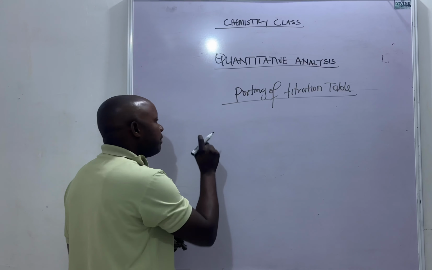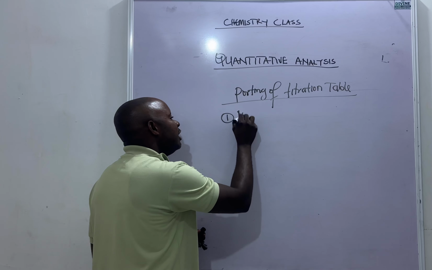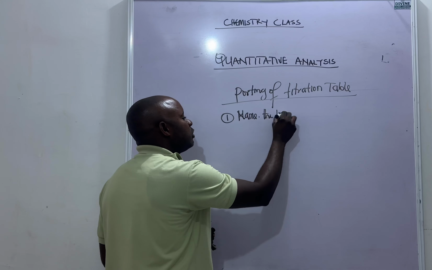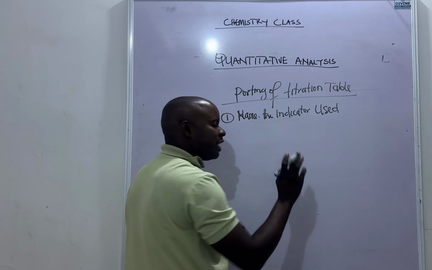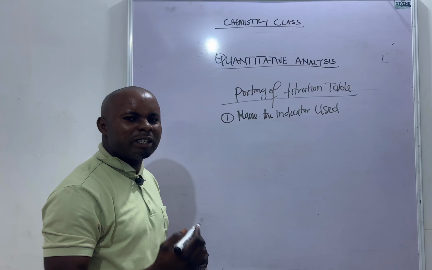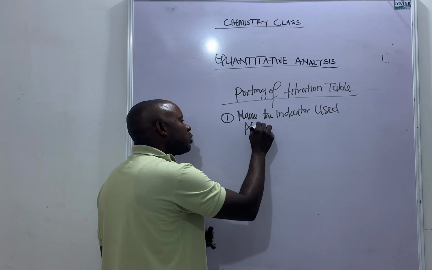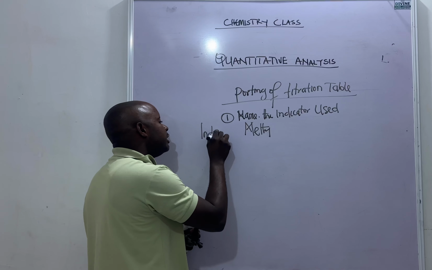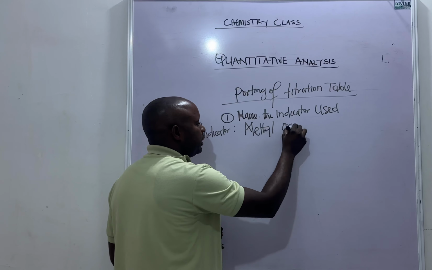So the first step in putting the titration table is that you must name the indicator used. If you are asked in the exam question to use methyl orange, at the top of your table you must write: indicator, methyl orange.